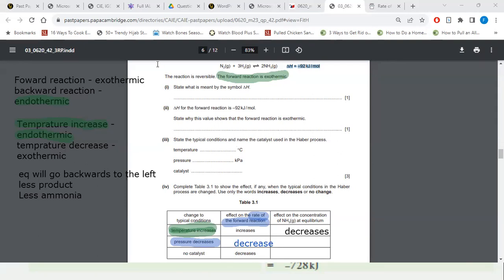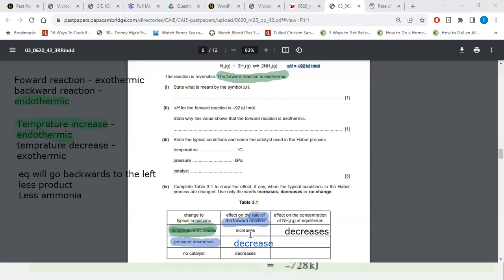The speed will become slower. Why did it decrease? Because I have decreased the pressure. Look, when I increase the pressure, what am I doing? I'm pushing all the molecules together, so they are close to each other.